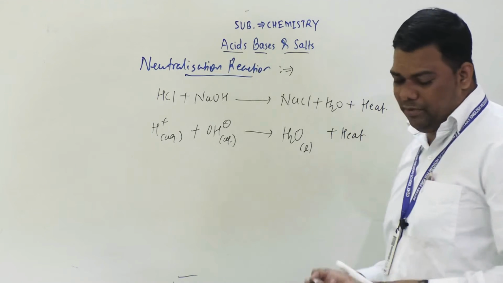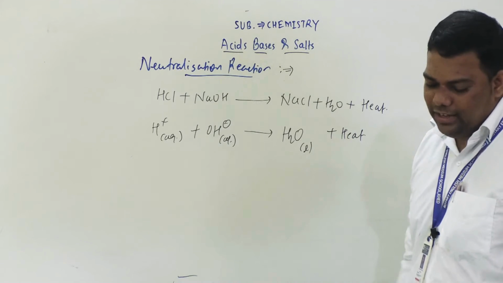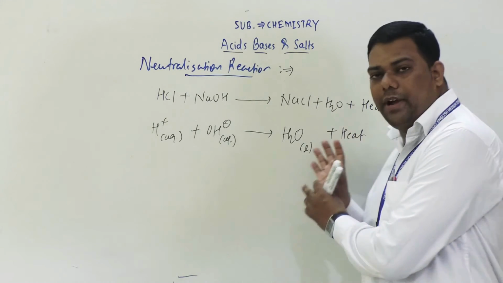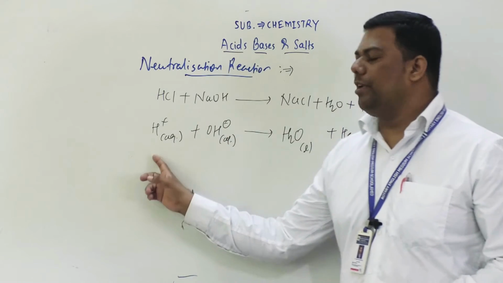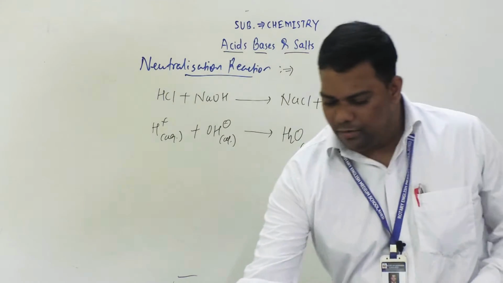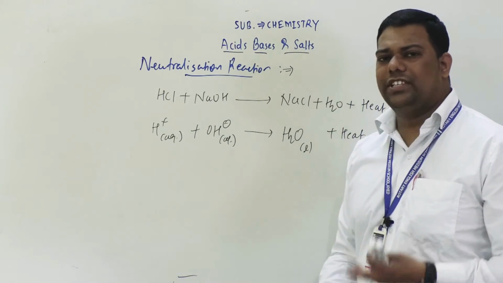Basically these are exothermic reactions. The amount of heat liberated depends on the concentration of H+ and the concentration of OH- ions produced by dissociation of the acid or base.